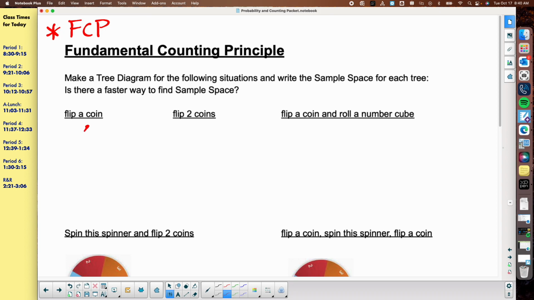We can get a heads or get a tails. Now, a tree diagram doesn't look like a tree at all when you only have two things total.